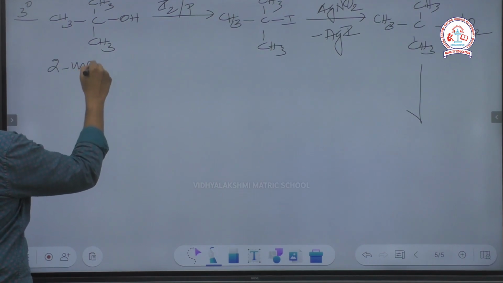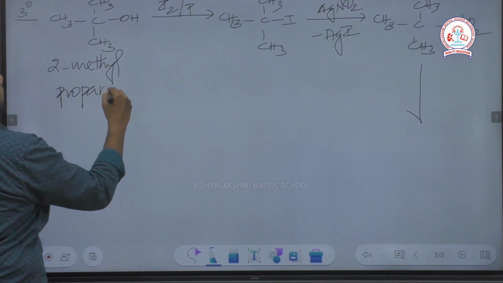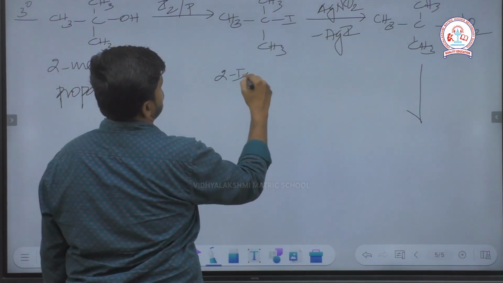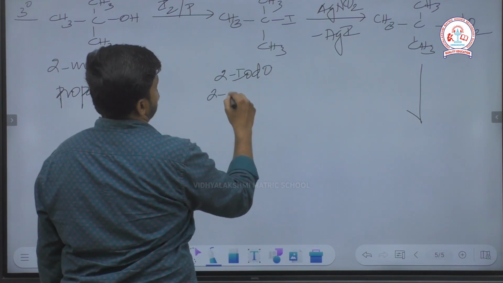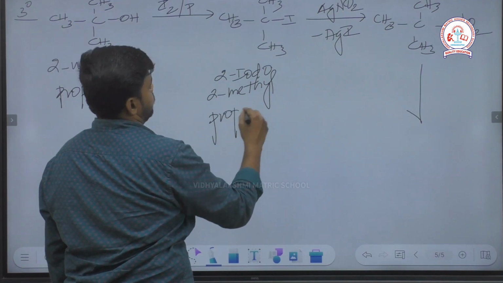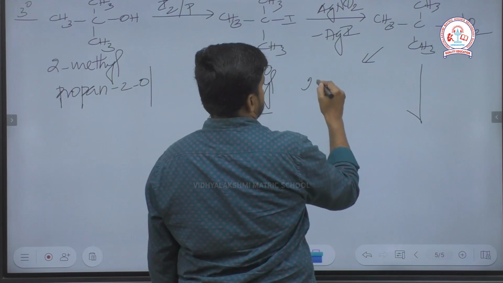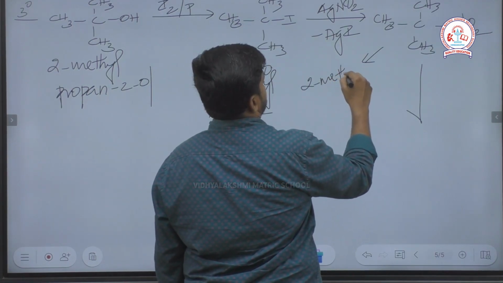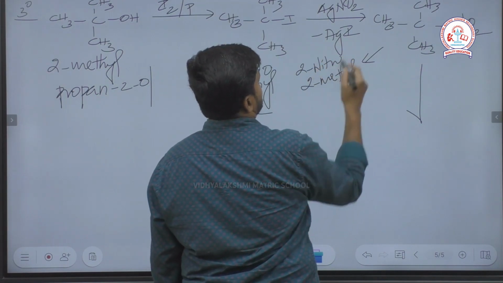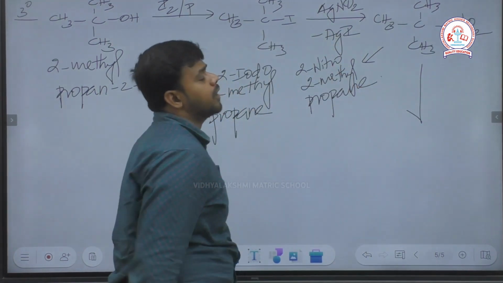I will write from there. 2-methylpropan-2-ol. So this is 2-iodo-2-methylpropane. So the name of this compound is 2-methyl-2-nitropropane.